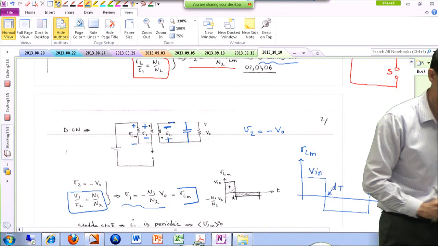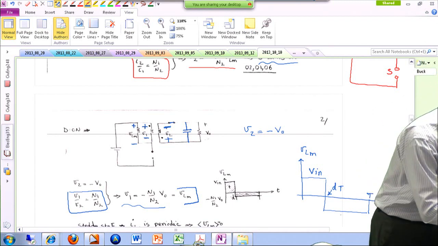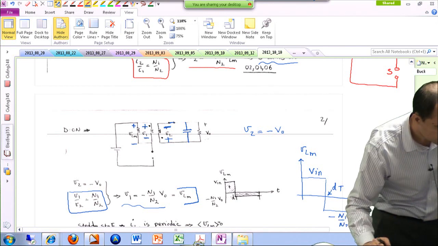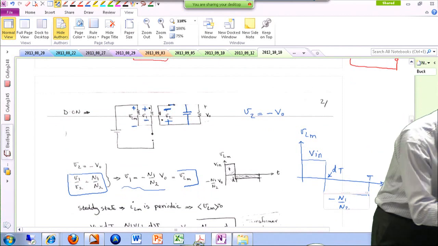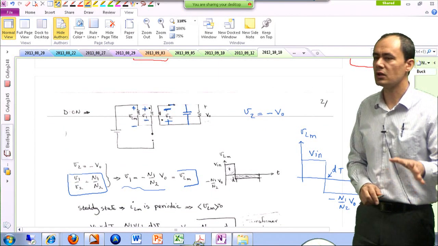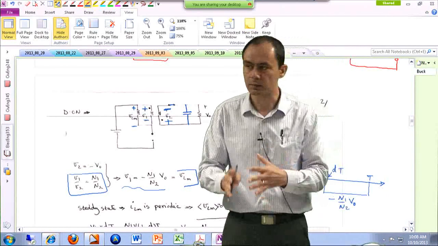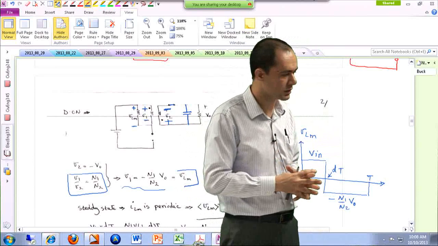In the first mode, the primary side voltage, which was VLM as well, was Vin. Here it is negative N1 over N2 times Vout. If you look at this, this looks a lot like the buck-boost topology. The only difference is an N1 over N2 appears in the equations. Otherwise, they are basically the same.